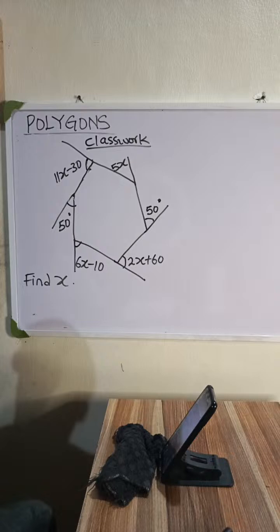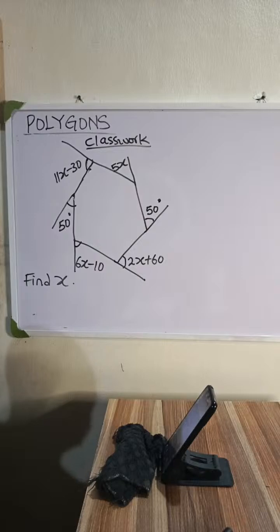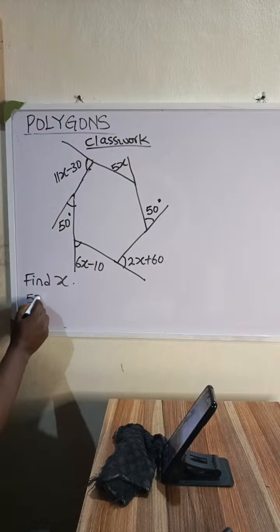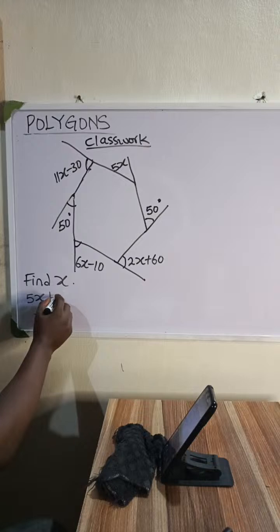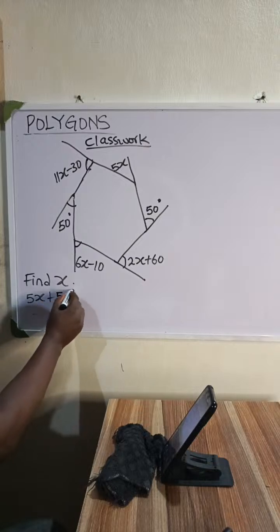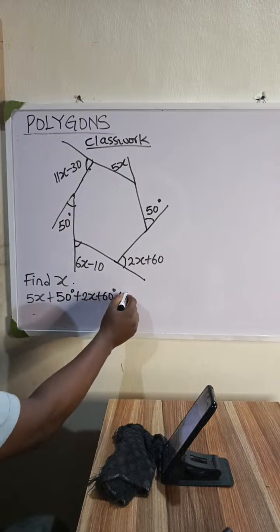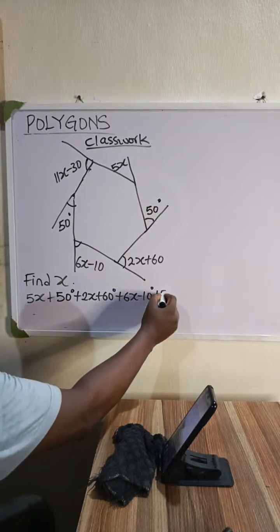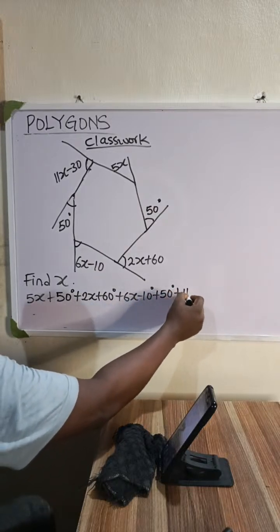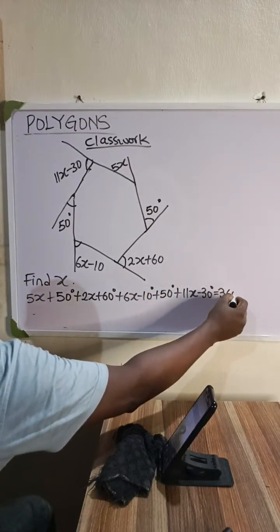Just as we did in the first example, all these external values are equal to 360 degrees. So we can have 5x plus 50 degrees plus 2x plus 60 degrees plus 6x minus 10 degrees plus 50 degrees plus 11x minus 30 degrees is equal to 360 degrees.